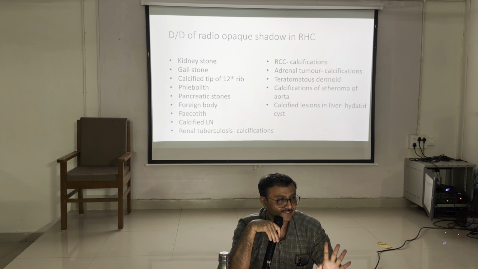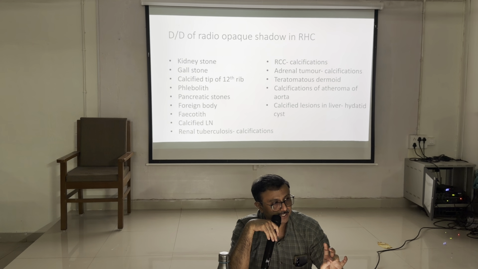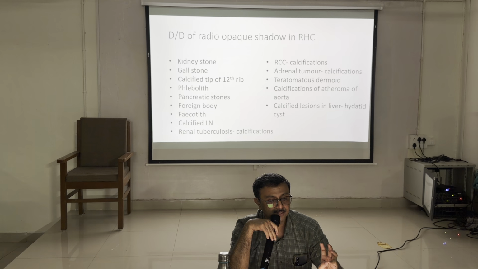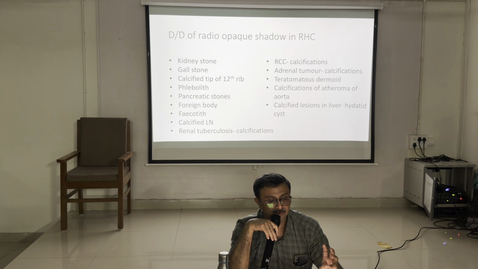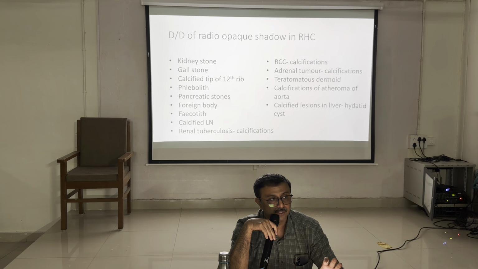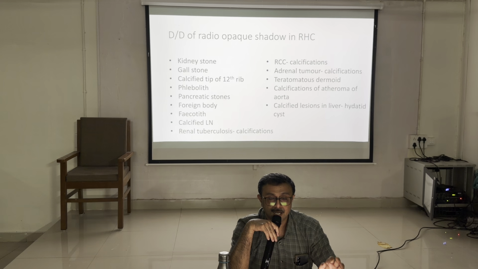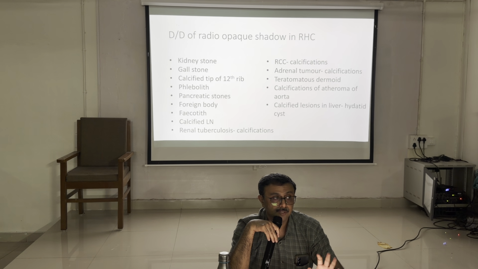Kidney stone, gallstone, calcified tip of the polyp, phleboliths, vessel, vein, artery, pancreatic stones, foreign body, calcified lymph node, renal tuberculosis calcification, which is also called nephrocalcinosis, renal cell carcinoma, and breast carcinoma calcification.